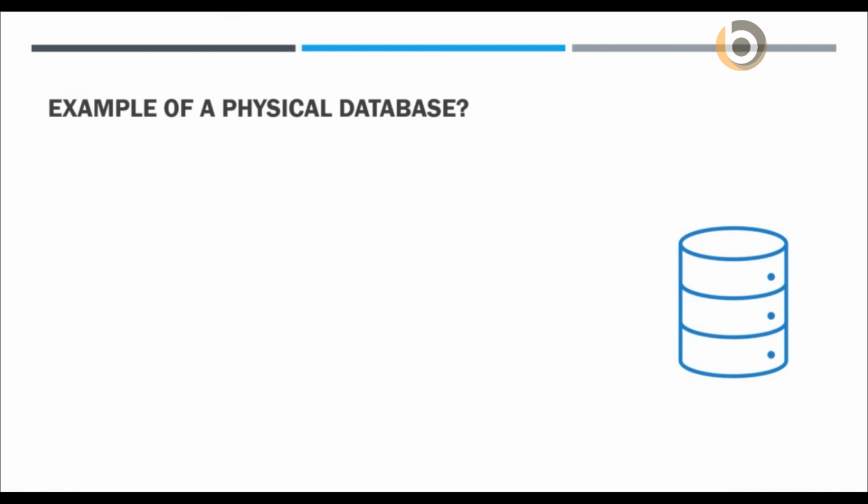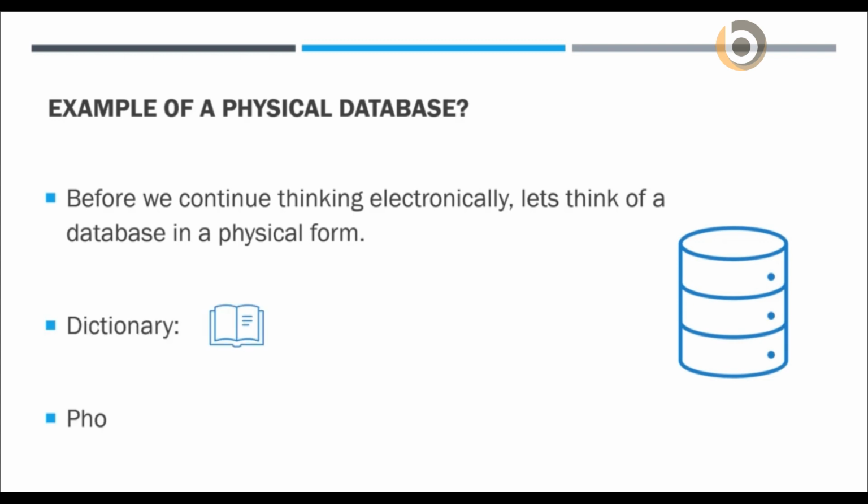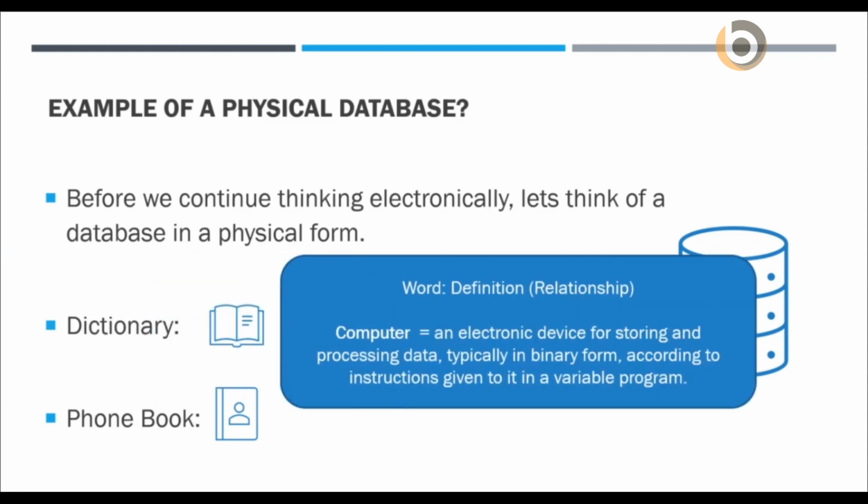So let's look at some databases before we go into computing. Before we continue thinking electronically, let's think of a database in a physical form. One example of this would be a dictionary, while another may be a phone book. Now, a dictionary has a word and definition relationship.